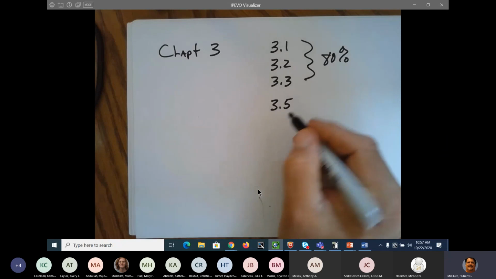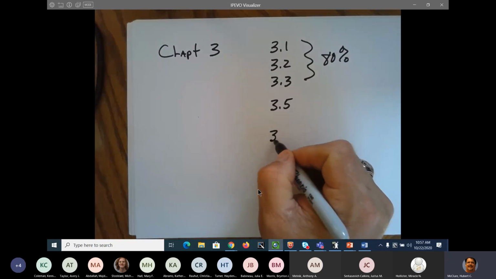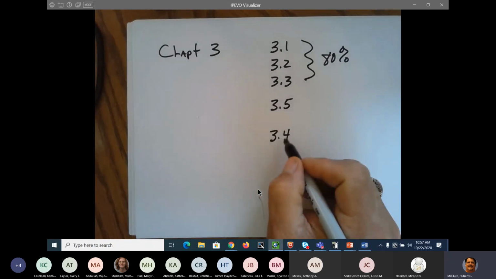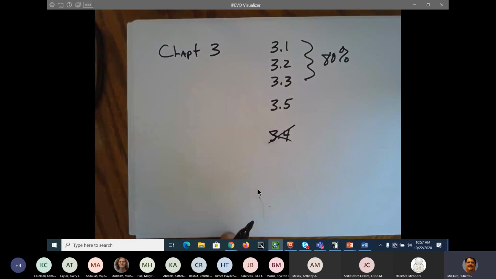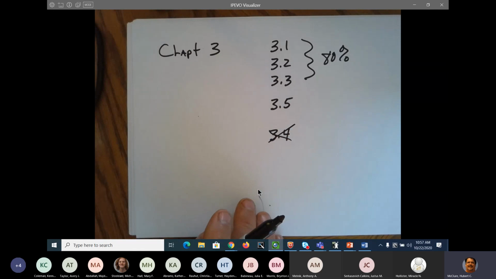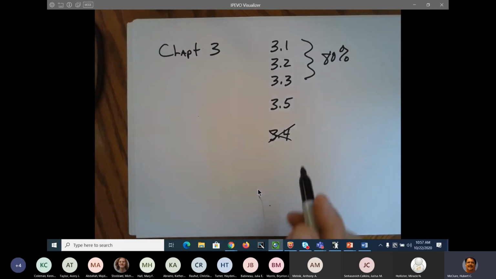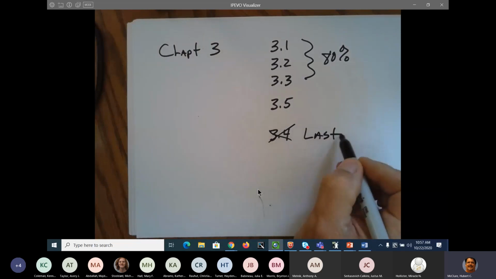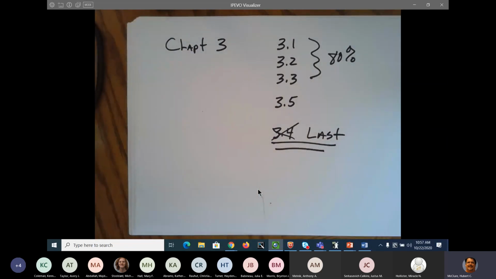And if I pull anything, I doubt very seriously I'm going to do anything out of 3.4. I'm going to show you how to read them, but I'm not going to do a test question out of 3.4. And I might not even assign 3.4 homework. So let's just leave 3.4 for last. Please do not do it because I may cut it out unless y'all want to do extra work.